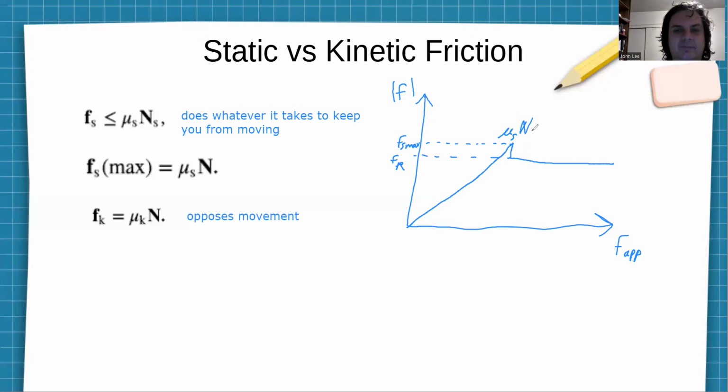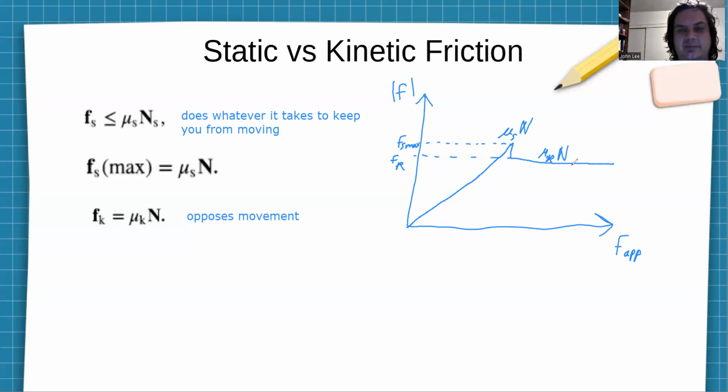So mu_s n, where mu_s is the coefficient of static friction, is the maximum value of static friction, and mu_k n, where mu_k is the coefficient of kinetic friction, is the constant value of kinetic friction.